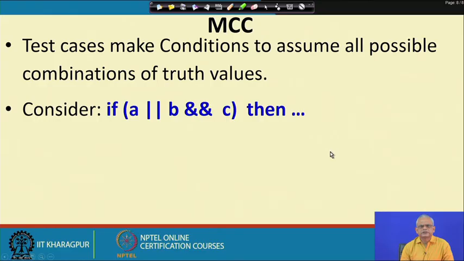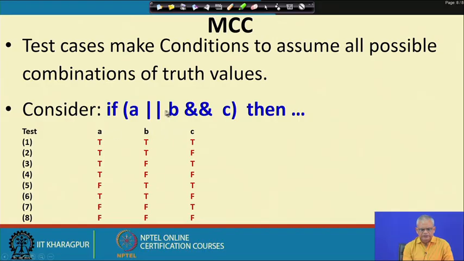Now, let us look at an example. If we have this example A or B and C, we have 3 sub expressions, 3 Boolean values, and if we need to achieve the multiple condition coverage, how many test cases do we need? We need 2 to the power 3 test cases, which is 8. Let us see what will be the test cases.